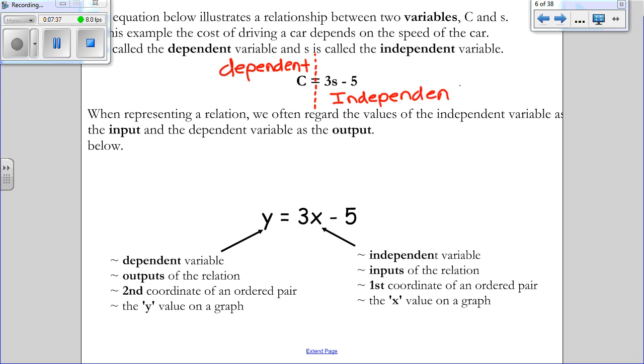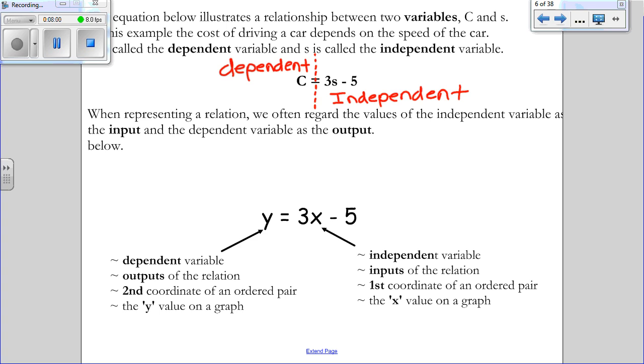It's a number that we can choose or it's given to us. And then whatever number we choose or is given to us, it creates a number for my dependent. And we'll do a little bit of that in a little bit so you can understand. But at the end of the day, the terminology of dependent being the variable by itself, and independent being the variable next to numbers, is important.